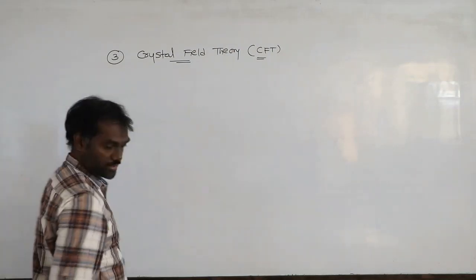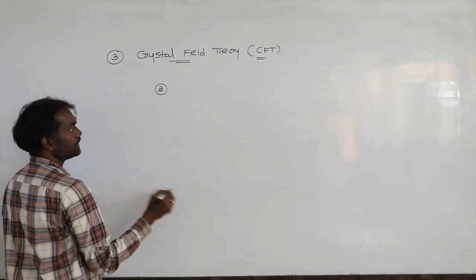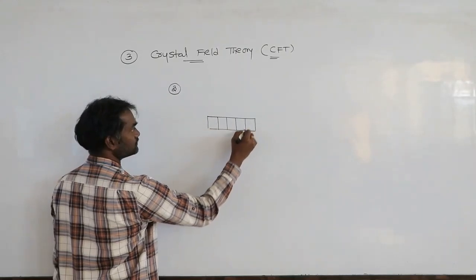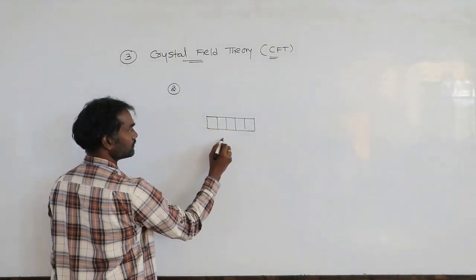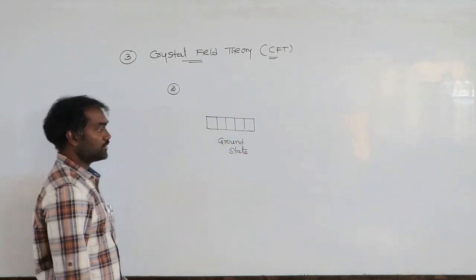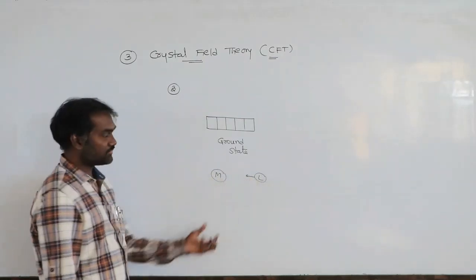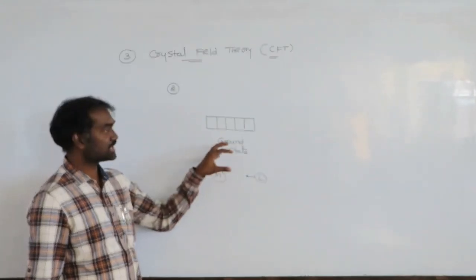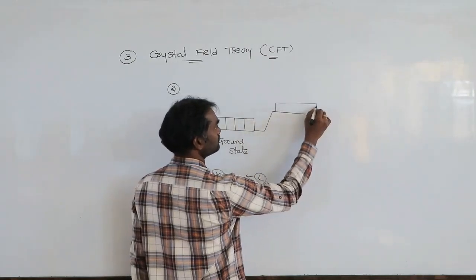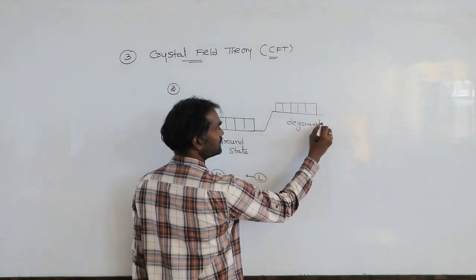Next, the third. Suppose the d orbital in the ground state. If the metal is surrounded and some ligand is coming, then this ground state is excited and occupies a degenerate level.